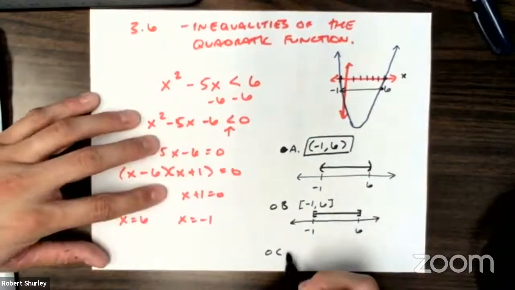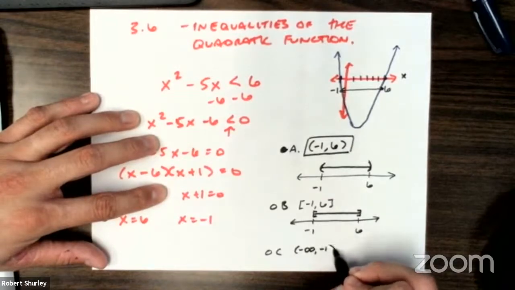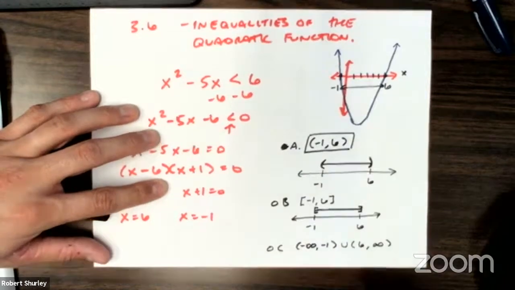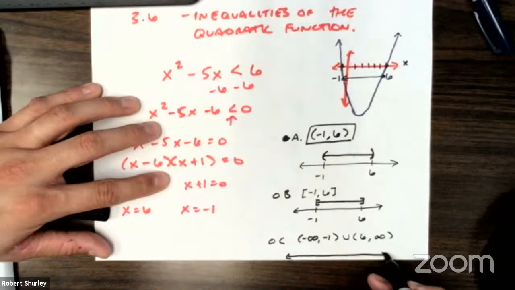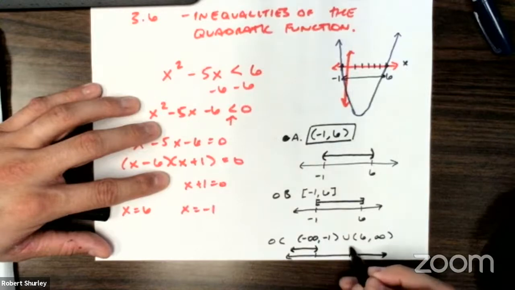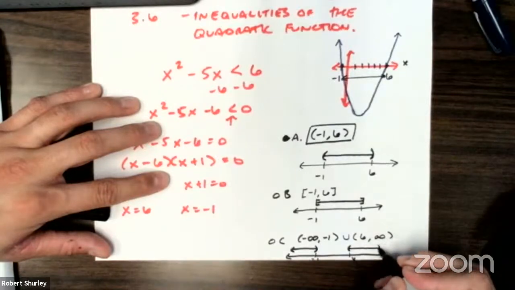So maybe C is going to be negative infinity to negative 1, union 6 to infinity. And I'm running out of space down here, but that would look like this. Here's negative 1 and here's 6. It'll look like that.